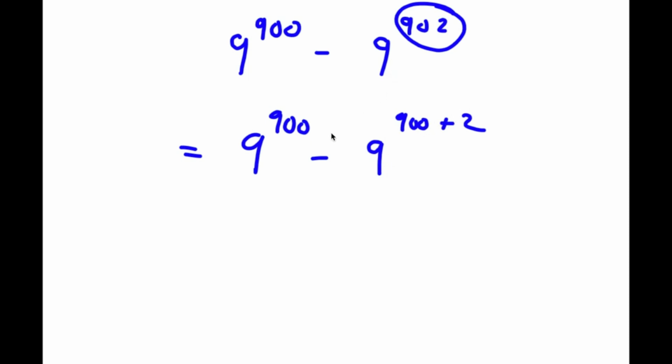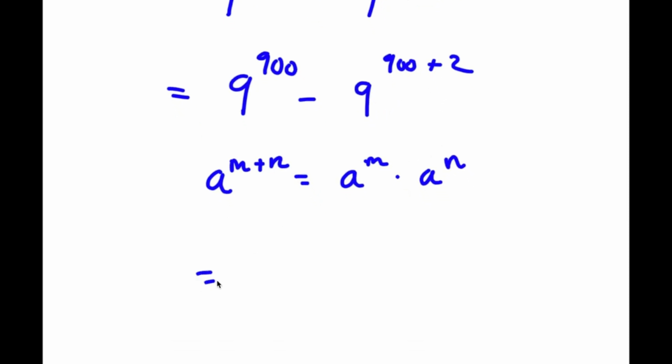Now, if I have something in the form a to the power of m plus n, this is equal to a to the power of m times a to the power of n. So in this case, 9 to the power of 900 plus 2, that's going to equal 9 to the power of 900 times 9 to the power of 2.